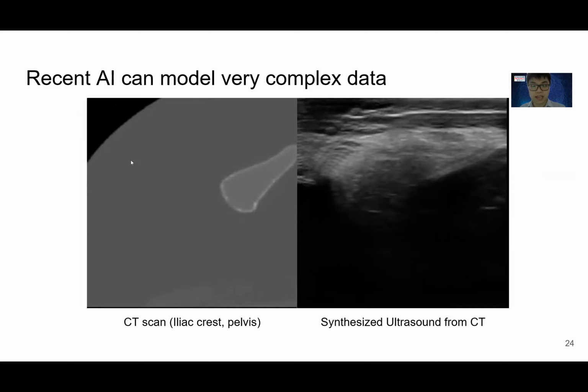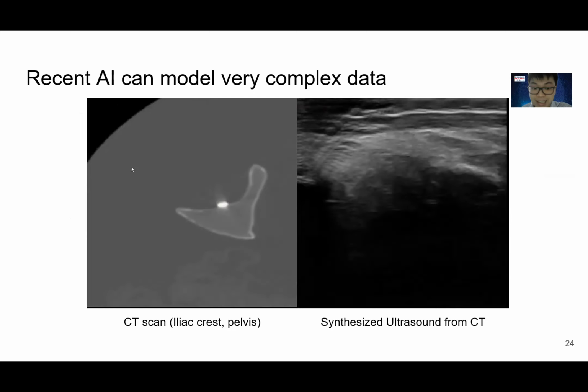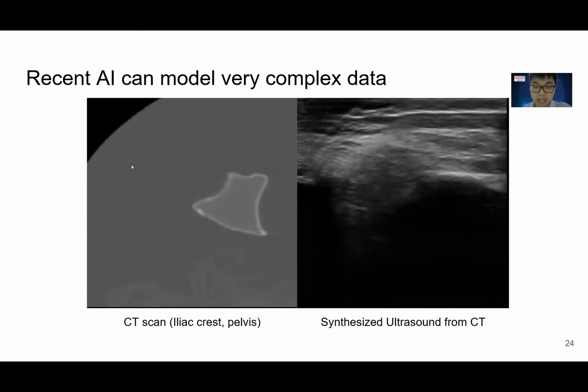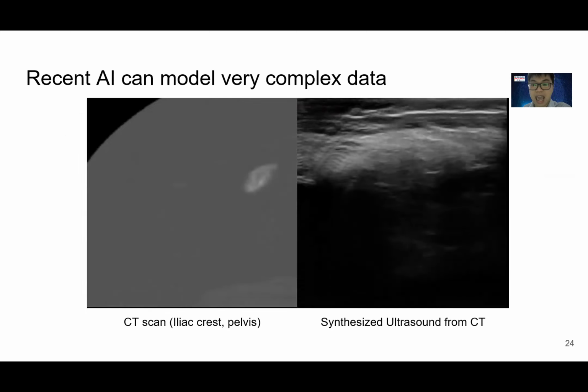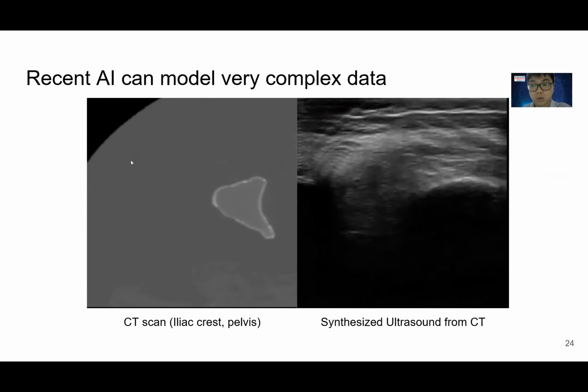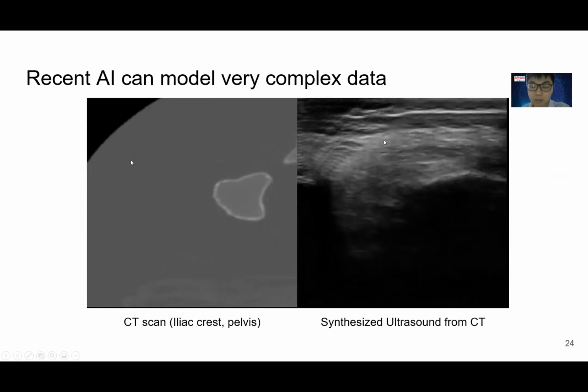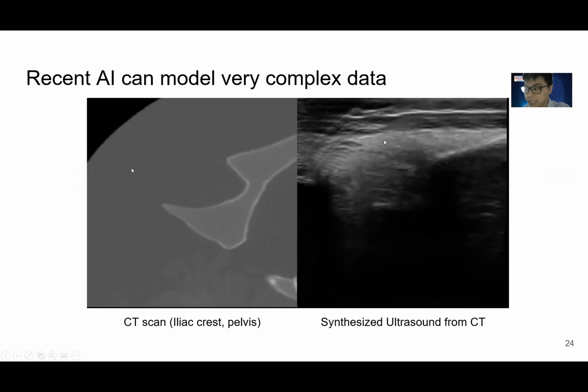This is an example of something complex that AI can accomplish. AI has taken slices of a CT scan, and from the CT scan, it creates ultrasound images. So this is not a real ultrasound scan. This is the AI reproducing the ultrasound scan from the CT scan.